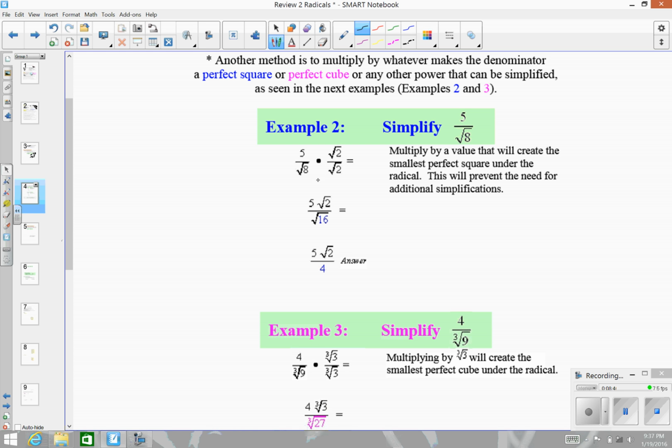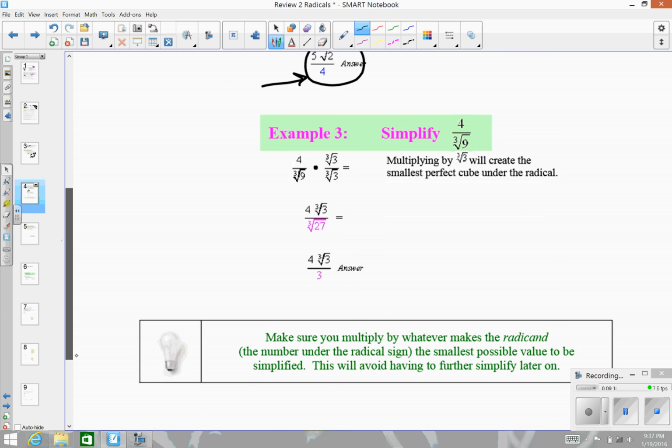So if I multiply this by a radical 2 over radical 2 instead, then I will end up with 5 radical 2 in my numerator and a radical 16 in the denominator, which will simplify to 5 radical 2 over 4. And I've taken care of the problem of the radical in the denominator. So easier step on this one, not multiplying by radical 8, but multiplying by radical 2.